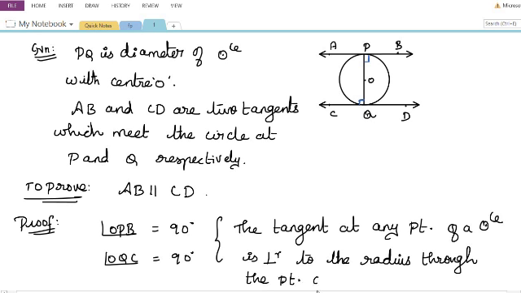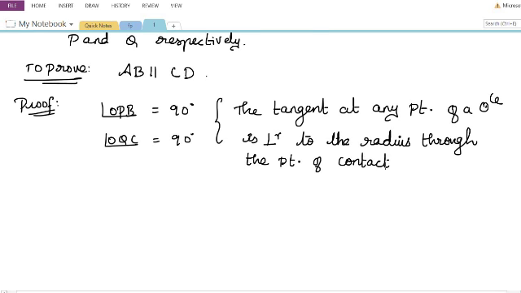So I have explained here that angle OPB is equal to angle OQC equal to 90 degree. So both these angles are equal now. When we compare these 2, this implies angle OPB equal to angle OQC.